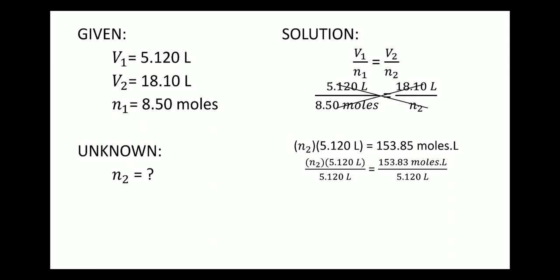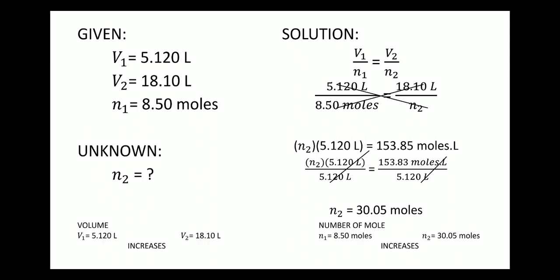Divide both sides by 5.120, cancel. Then the answer for N2 is 30.05 moles. Analyzing the values, volume from 5.120 to 18.10 increases, and for the number of moles, from 8.50 to 30.05 moles increases also.